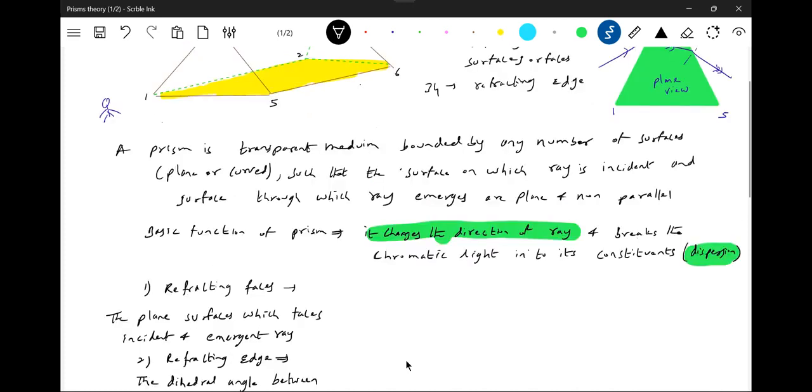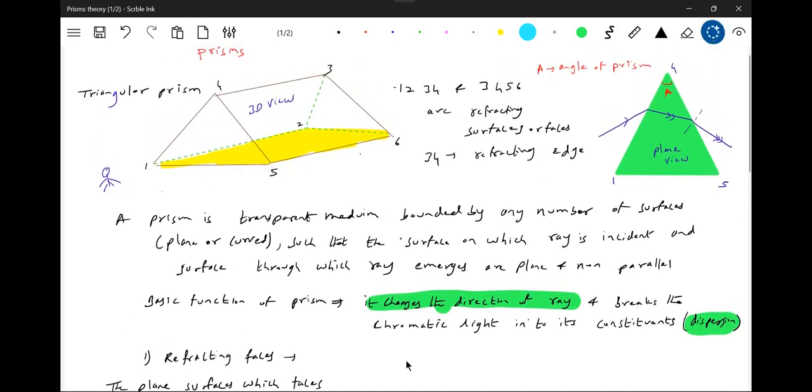We are not understanding something you are writing. Okay, I'll bring the same diagrams.